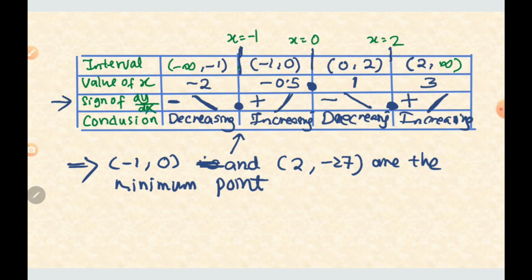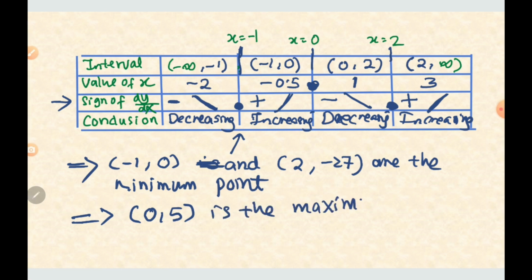What is the maximum point? The maximum point is 0, 5, and the point 0, 5 is the maximum point.